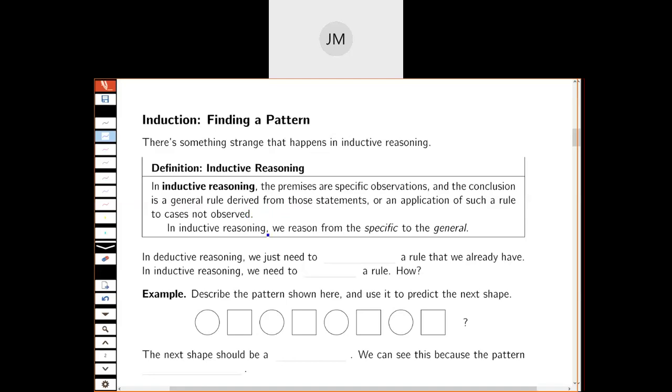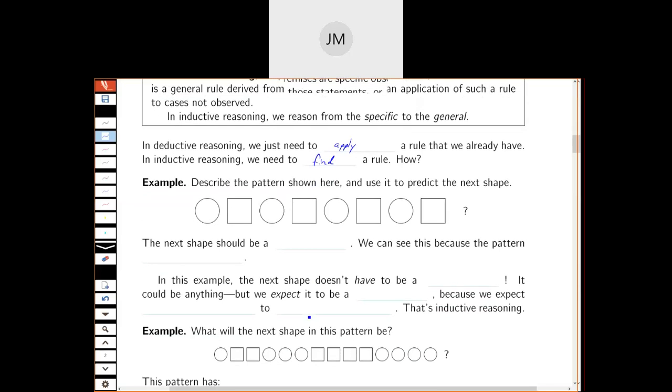Okay, so in deductive reasoning, what we were doing in the last few sections, what we needed to do was apply a rule that we already have. In inductive reasoning, we need to find a rule. Okay, so here's an example. Here we have a pattern, right? So circle, square, circle, square, circle, square, circle, square.